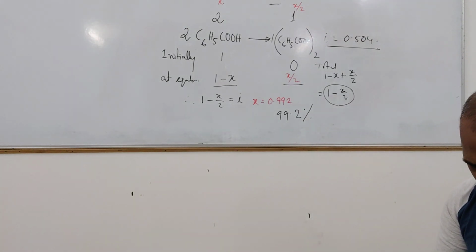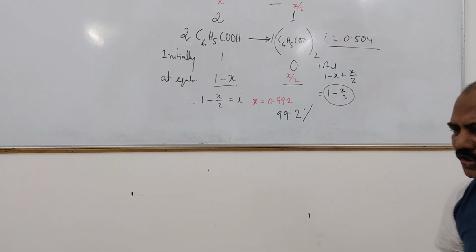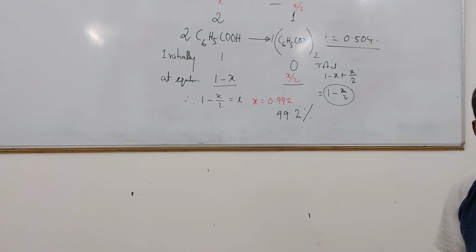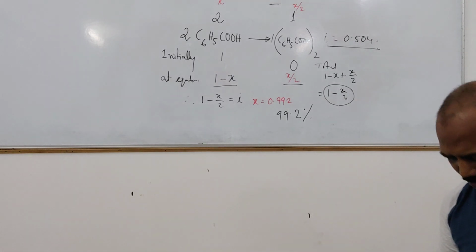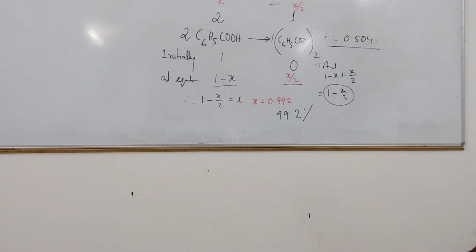Okay. 19.5 gram of CH2FCOOH, that is fluoroacetic acid, is dissolved in 500 gram of water.